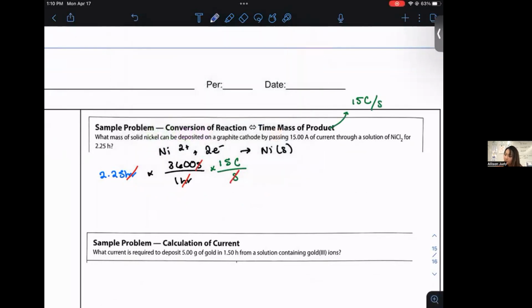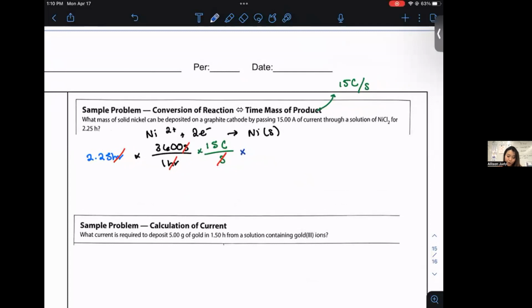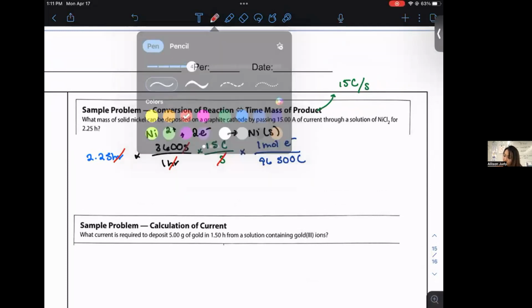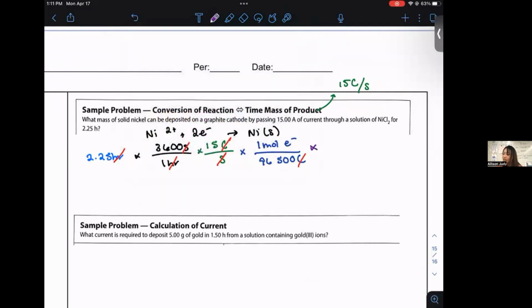Once I'm in coulombs, I can get to moles of electrons being transferred. I know for every 1 mole of electrons transferred, according to Faraday's constant, I have 96,500 coulombs flowing through. So I cancel out my coulombs. Stoichiometrically speaking, for this half reaction I produce 1 mole of nickel solid for every 2 moles of electrons transferred. So I cancel out my moles of electrons.